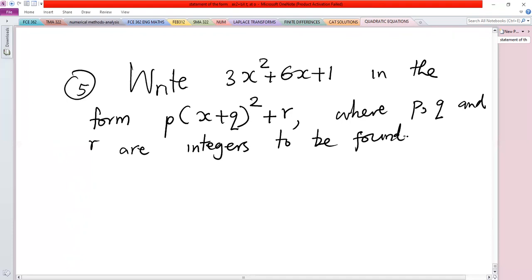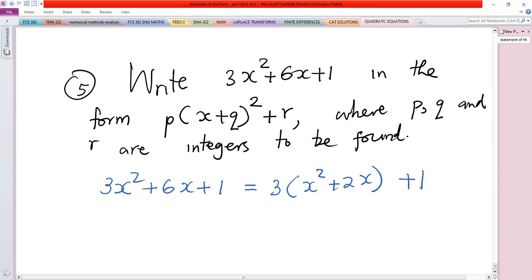Now, to work this out, we write 3x squared plus 6x plus 1 is the same as, now concentrate with this part with x, so we'll have 3 into x squared plus, factoring out 3, we have 2x, and then plus 1.